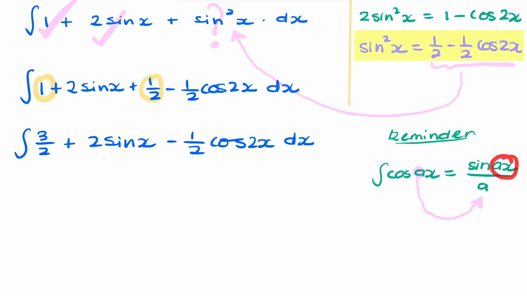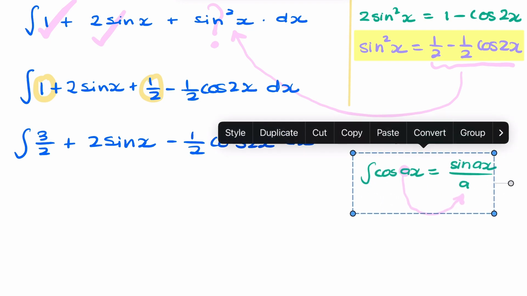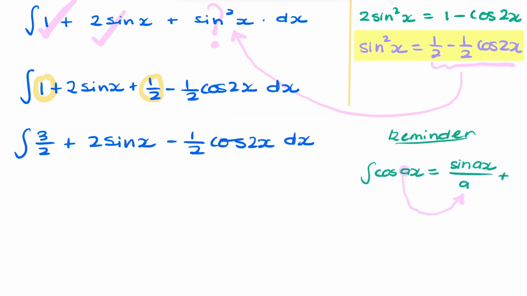But the ax here is unchanged. All right, so that's really important. And we're going to use this to integrate that. So we know the integration of 3/2, we know the integration of sine, and now we know the integration of cosine, so I can write my final answer.